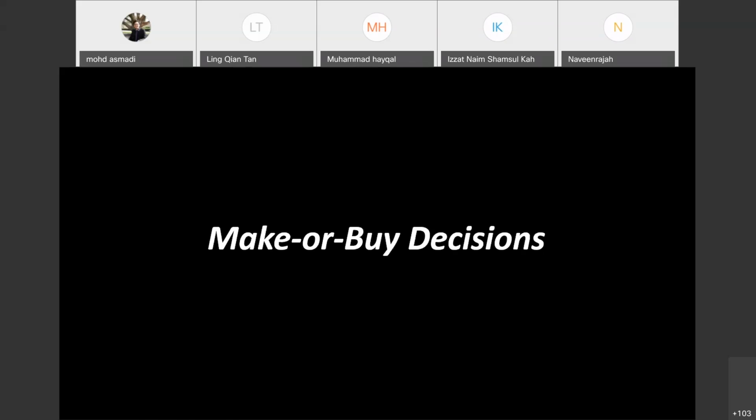Okay, so for today, we are going to discuss, or I will explain, make or buy decisions. As we know, a chemical product is made out of many components. Often the company will buy from a supplier, or they can make some components in house.